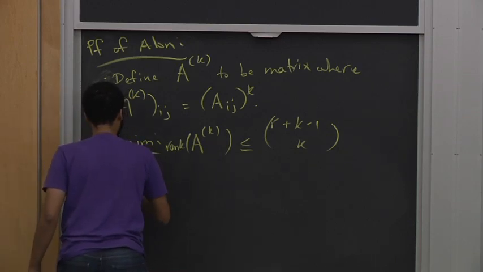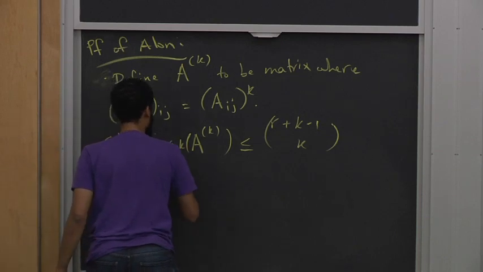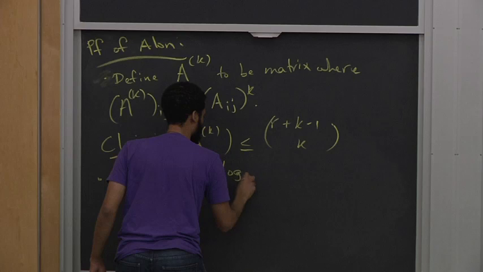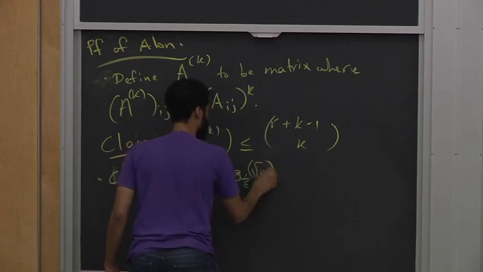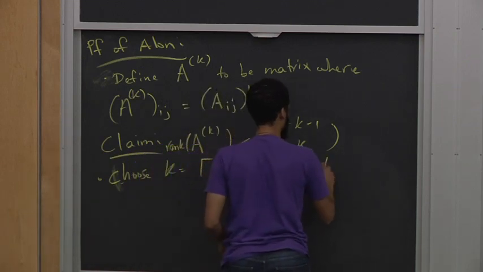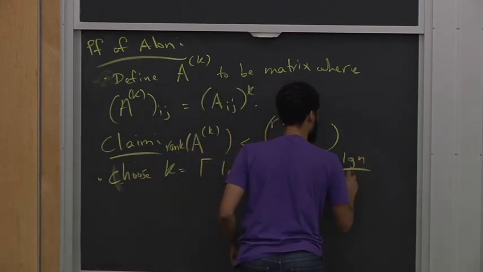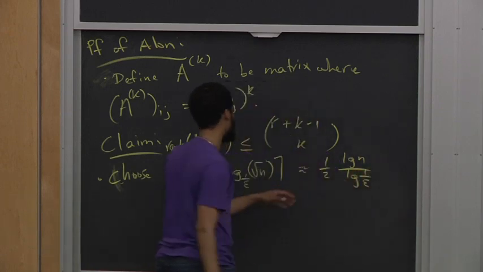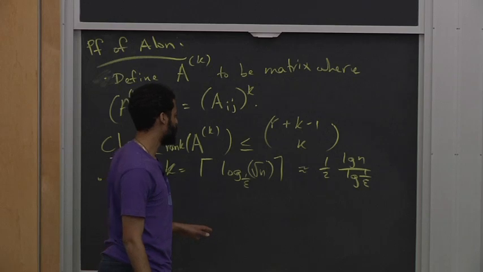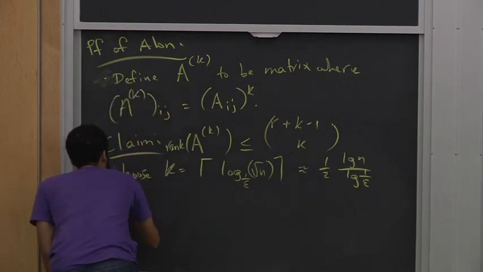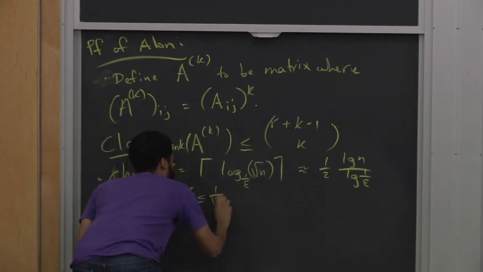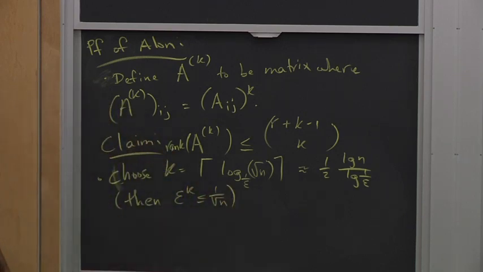Choose k to be something like the ceiling of log base 1 over epsilon of root n, which is basically something like 1/2 log n over log 1 over epsilon, up to an additive 1 because of the ceiling. Okay. Then epsilon to the k is at most 1 over root n. That's why I chose that k.